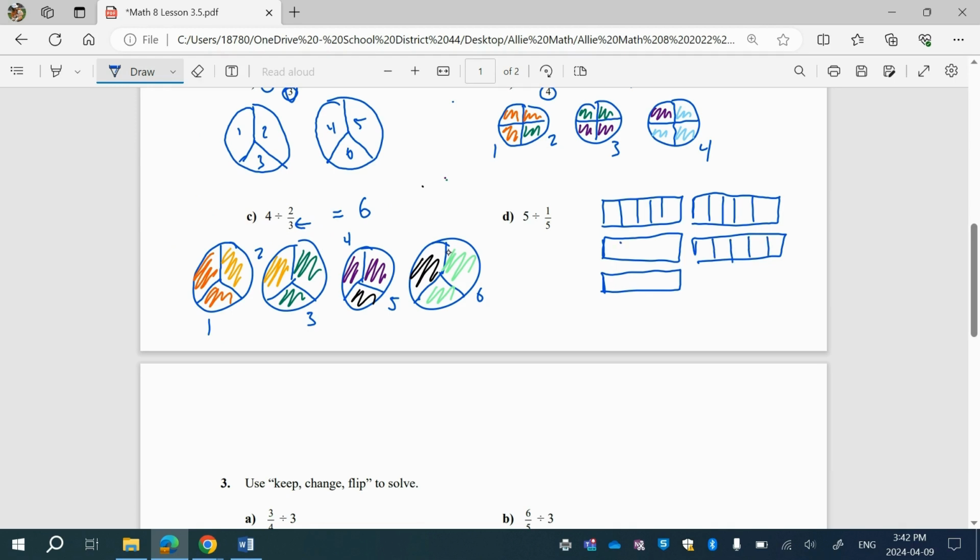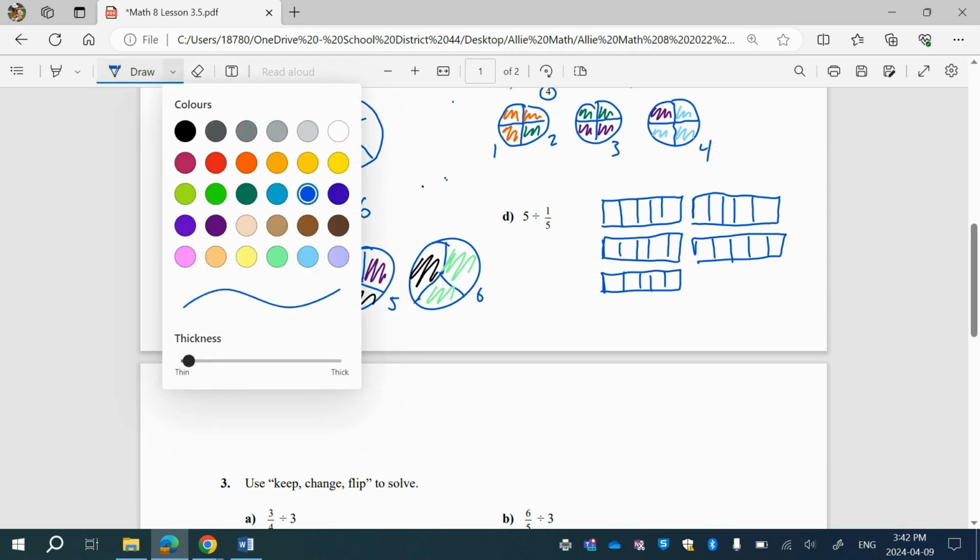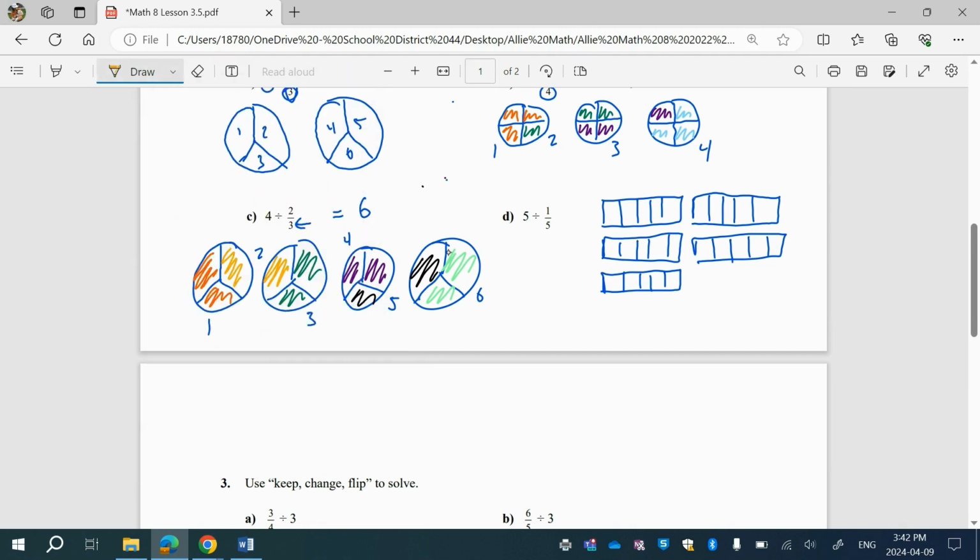Okay. And now we want to know how many times you can get 1/5 out of this? Well, it's going to be a lot of times. Here's 1, 2, 3, 4, 5, 6, 7, 8, 9, 10, 11, 12, 13, 14, 15, 16, 17, 18, 19, 20, 21, 22, 23, 24, 25. 25 times you can pull out 1/5 out of 5.